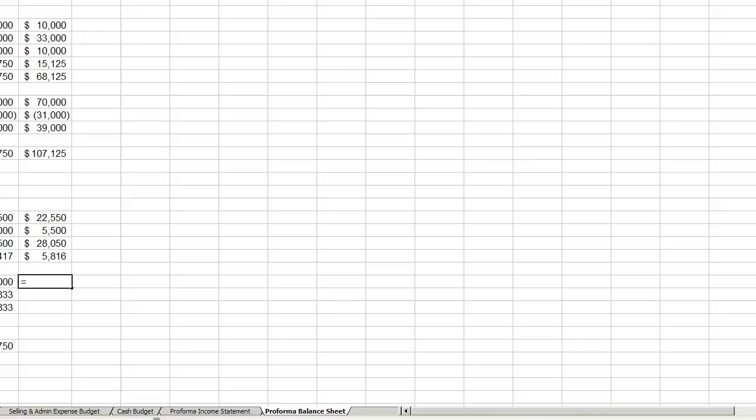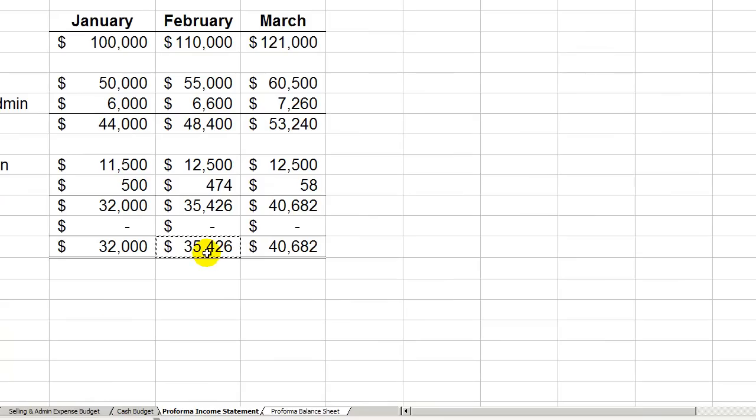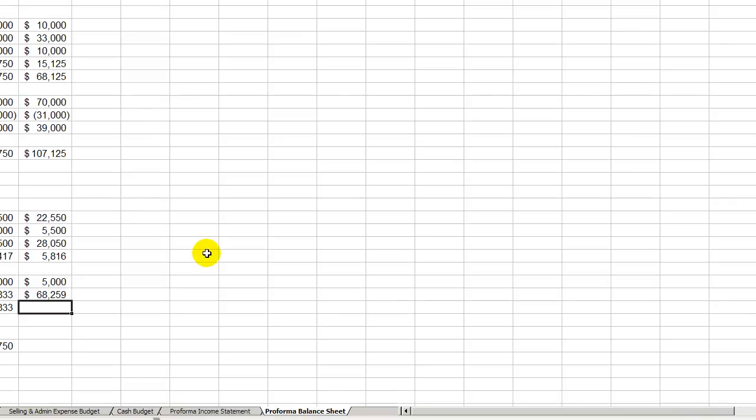Common stock hasn't changed. Retained earnings is equal to your beginning balance plus your net income minus any dividends, and dividends is 0.